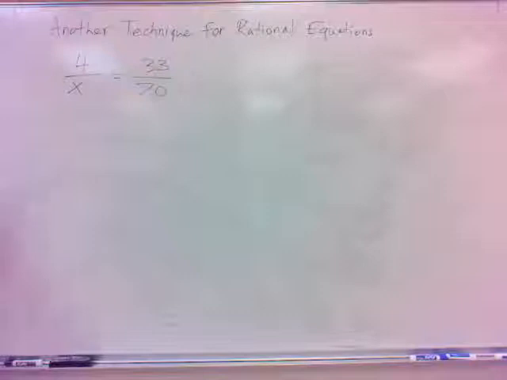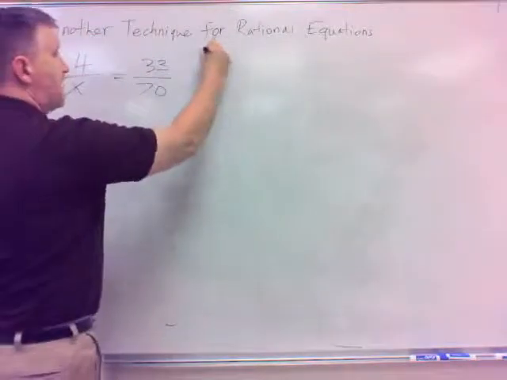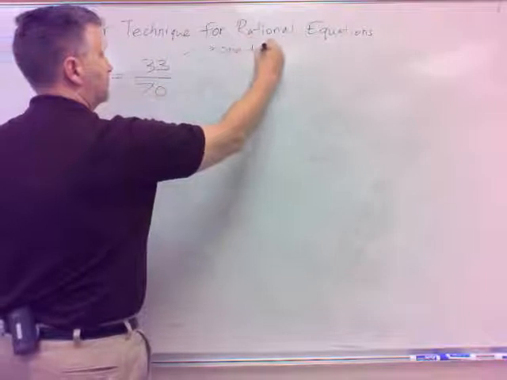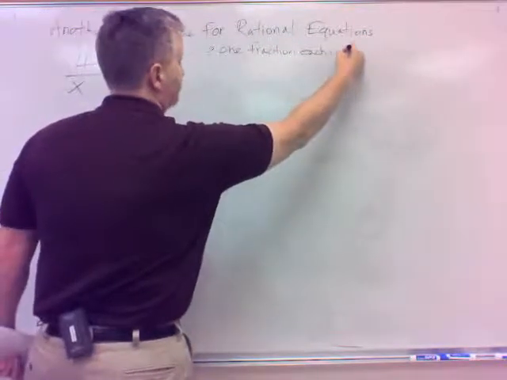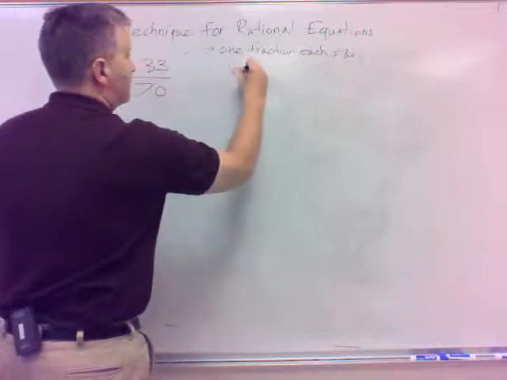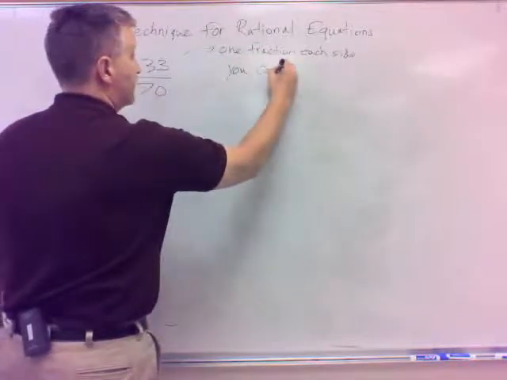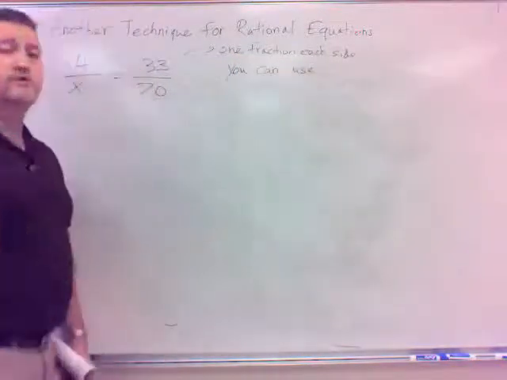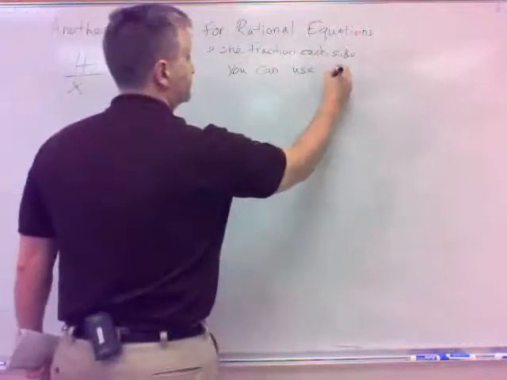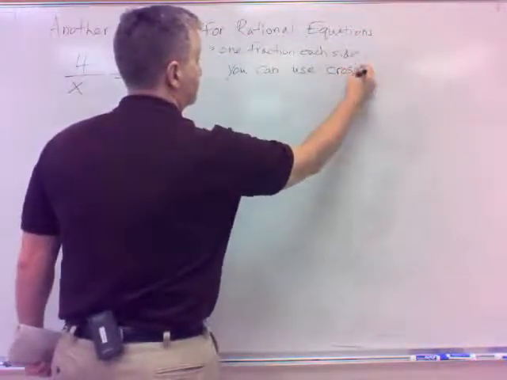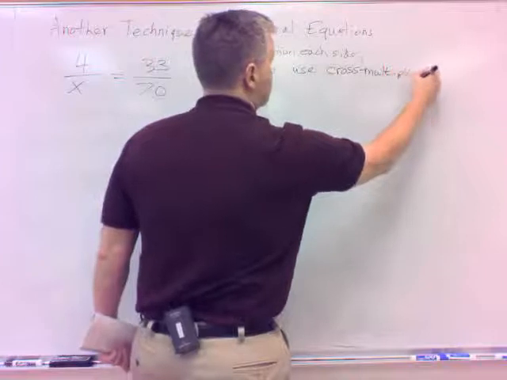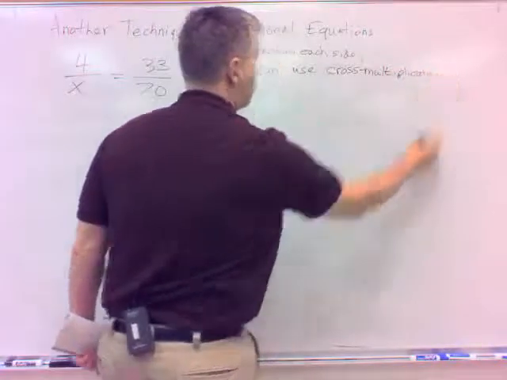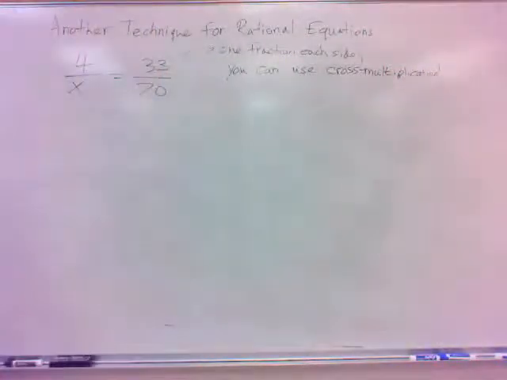So if I have one fraction on each side of the equal sign, here's what you can use, what we call cross multiplication.